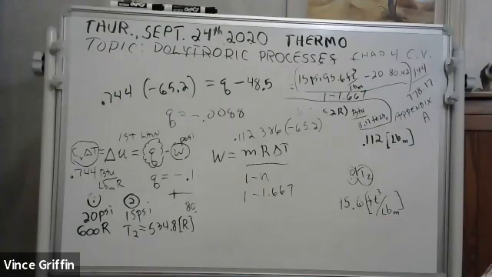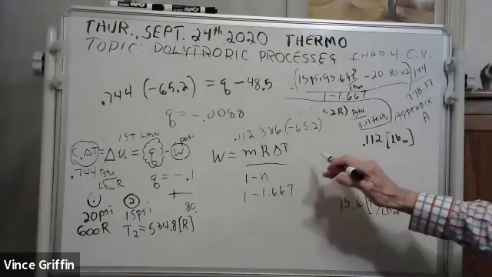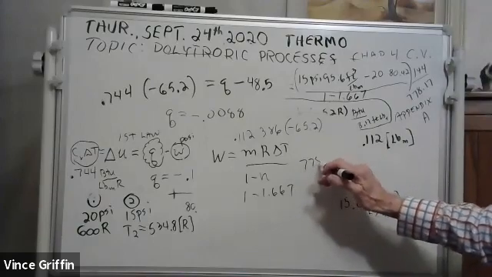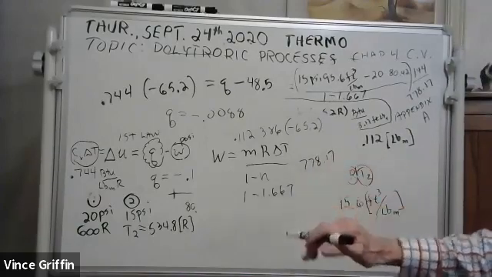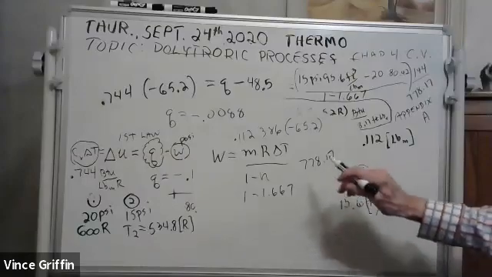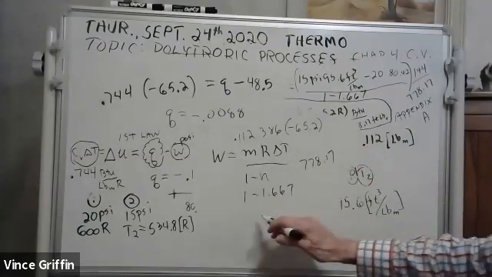Now don't forget, you have to divide by 778.17. Yes. And you get 5.43. Yes, that's what I got.